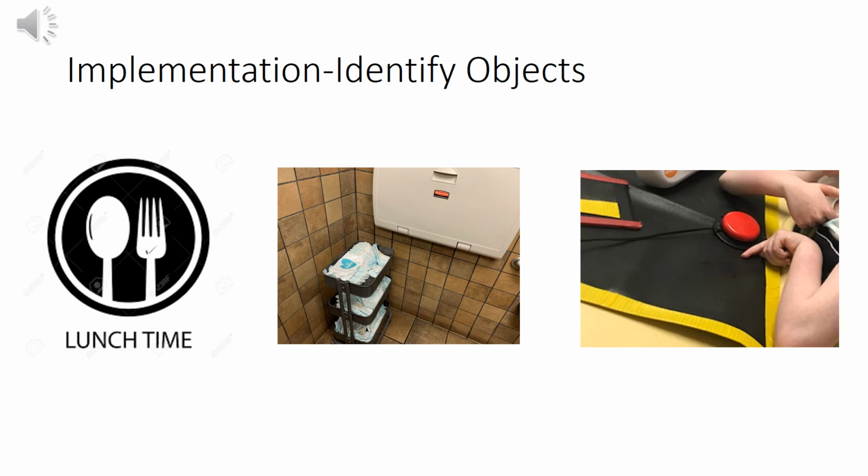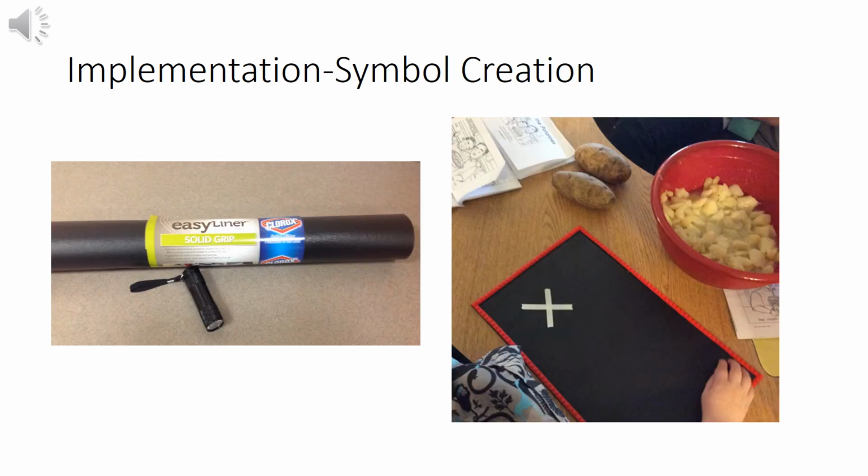For example, she used a black work mat every time we worked on her IEP goals. So we took a small piece of that material, cut it, and put it on one of her schedule card boards.